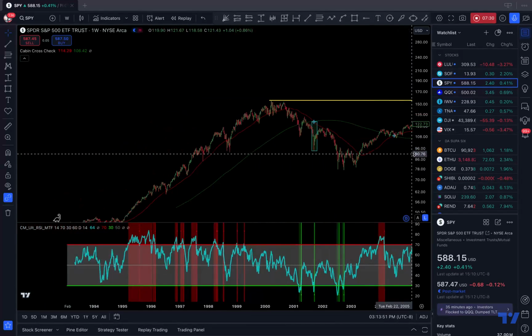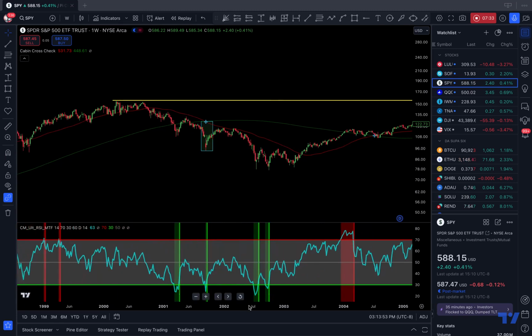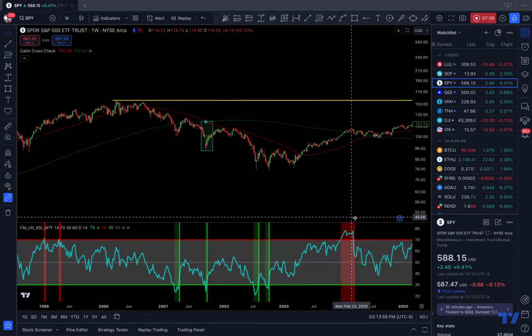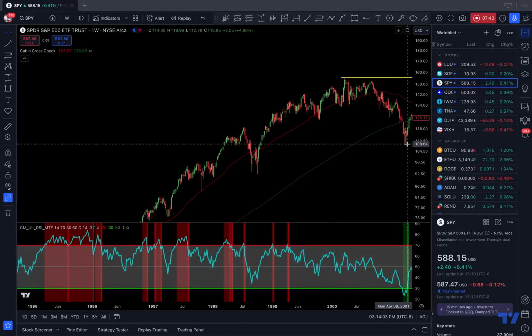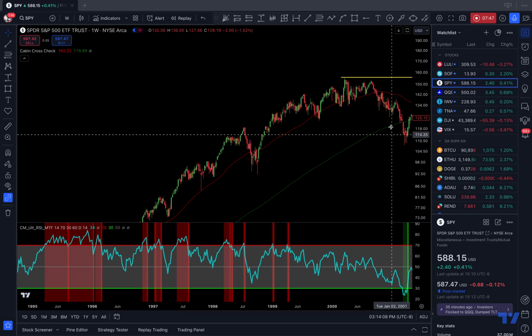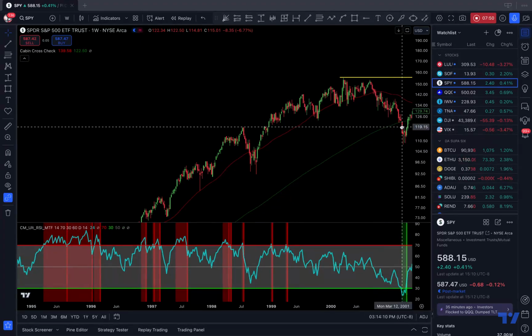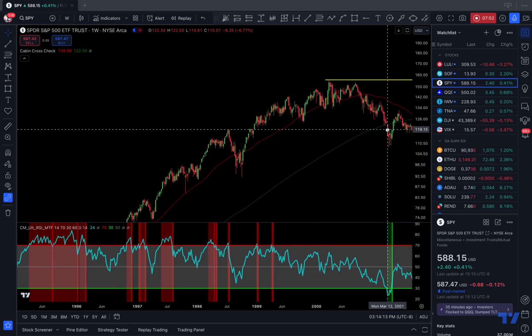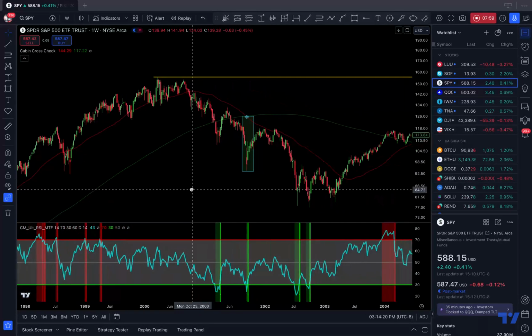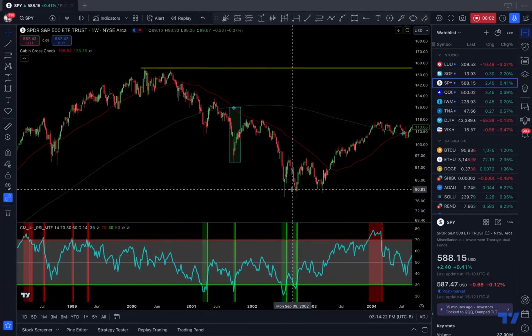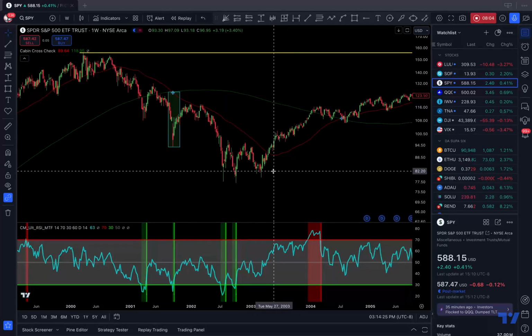However, again, if you just combined these two indicators back then in 2001, the CM Ultimate Indicator and the Death Cross, you could have looked here back in Q2 of 2001, and you could have said, okay, we printed a buy signal, but our red line and our green lines are converging together. Maybe we'll wait for a death cross. Okay, as soon as you got your death cross, you got your second buy signal. You could have easily leaped at that. So either way, on a weekly chart, this would have told you, hey, you have multiple great buying opportunities here for the long term on the S&P 500.